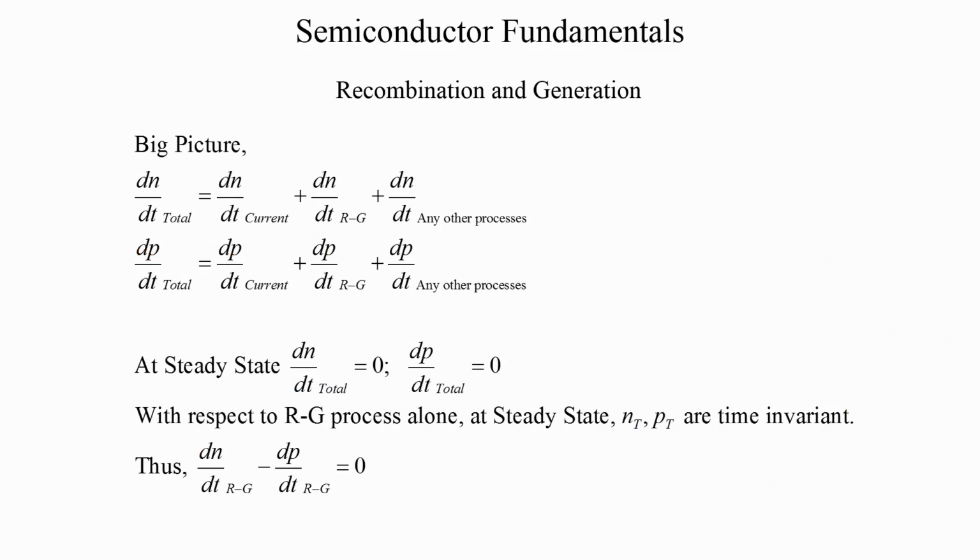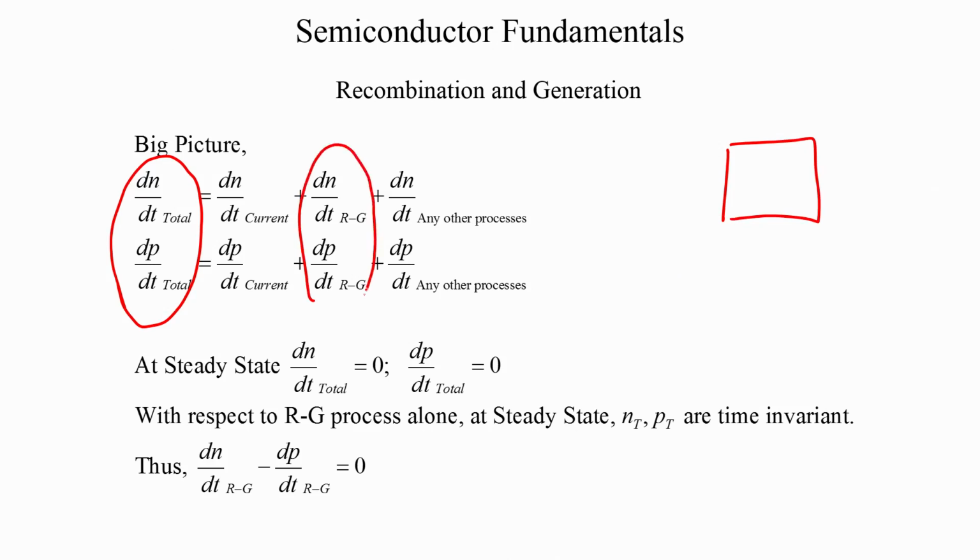So, now let us go back to the big picture. This is the total change in electron and hole count in our volume of interest, and this is the change in electron and hole count due to RG mechanisms, and that is what we have been discussing so far.